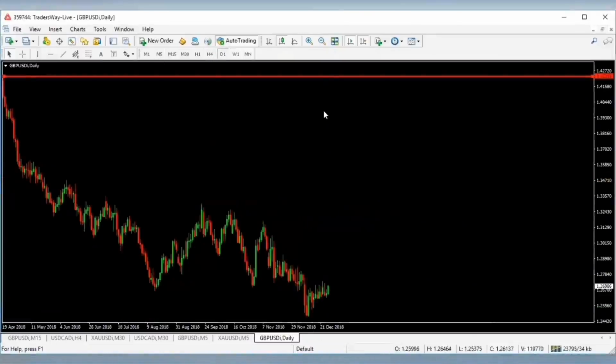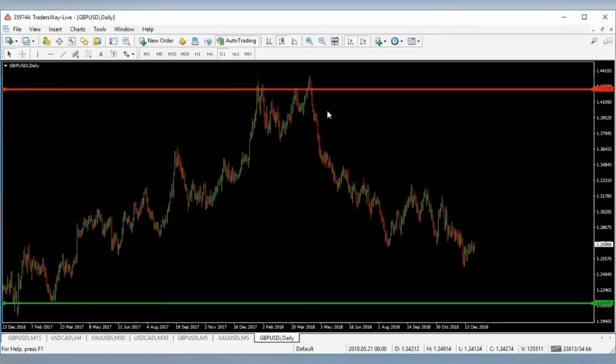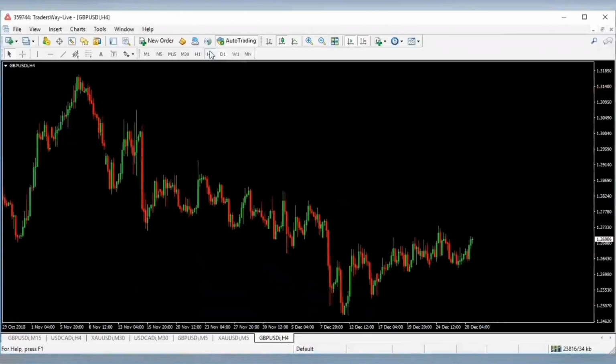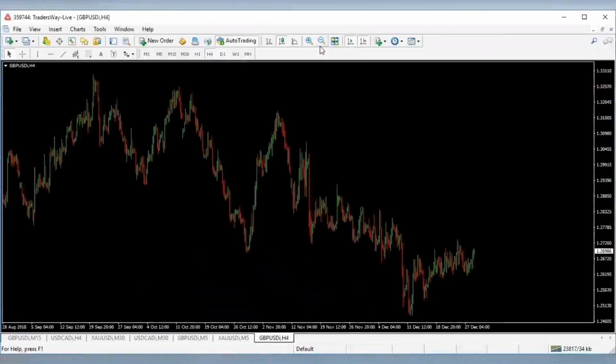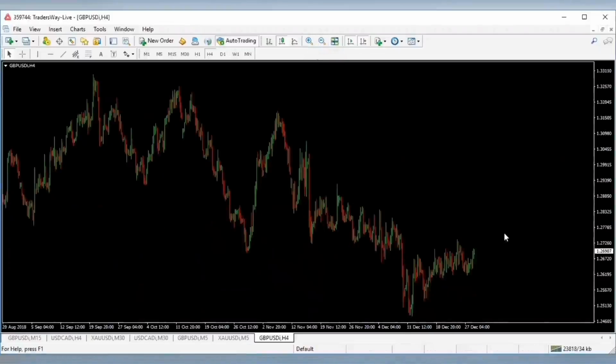Here on the daily time frame, you can see price sold from the M formation at the top, sold all the way to about right here. Zoomed in, we could see price is now starting to reverse a little bit to go back on the uptrend. But right now, price is currently on a downtrend.